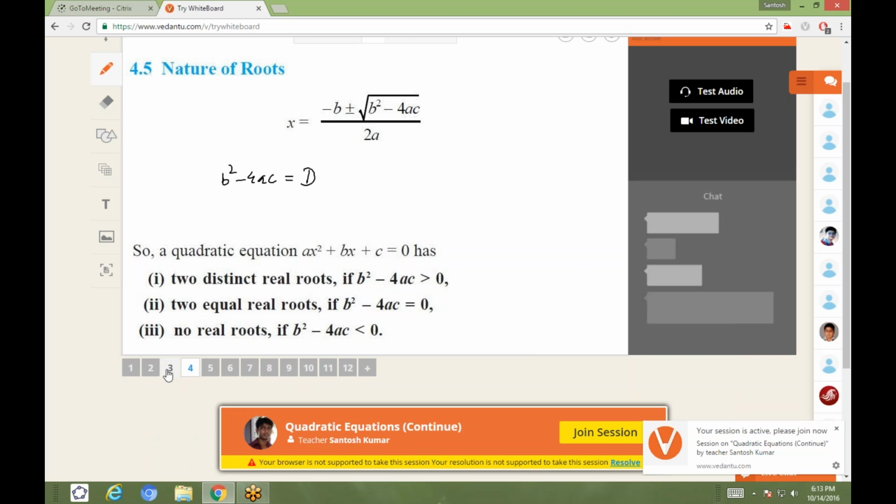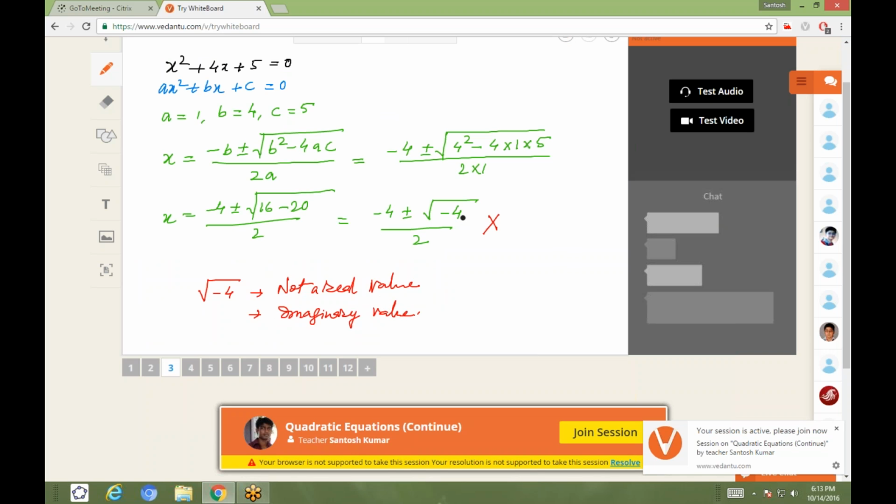Like here, we had got the discriminant as negative, so because it was negative, the value for x was not coming as real. It was coming as imaginary.